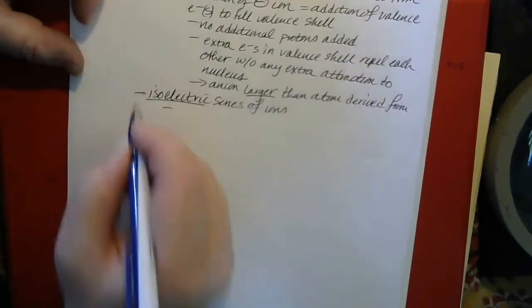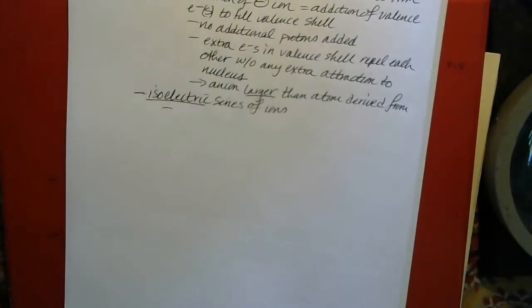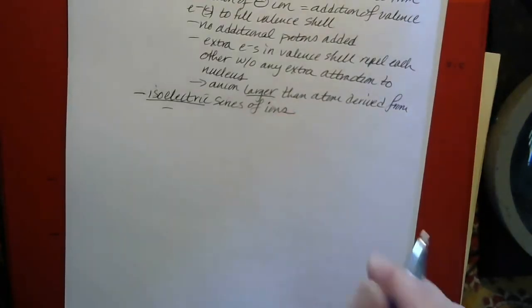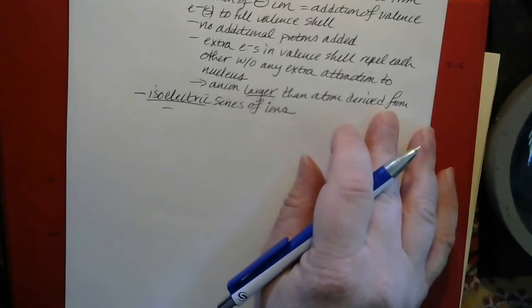And also, as we've seen, for any given main group element, the goal in forming an ion is essentially to reach the same electron configuration as the nearest noble gas. Because of that, you end up with a whole bunch of ions that can have the same electron configuration, even though they will have different nuclei and different charges on them.